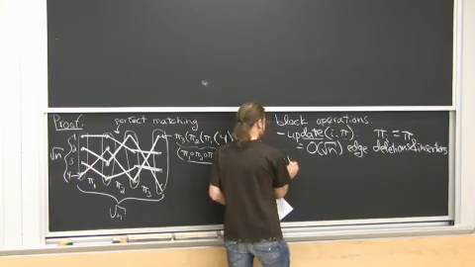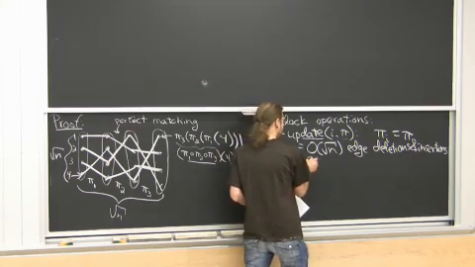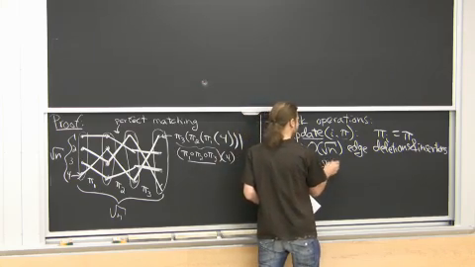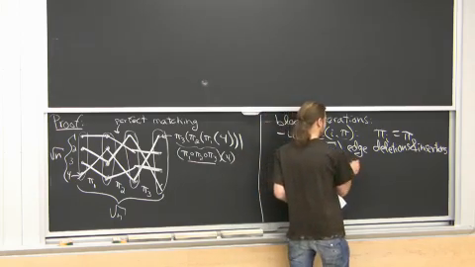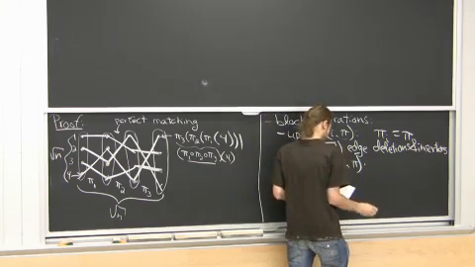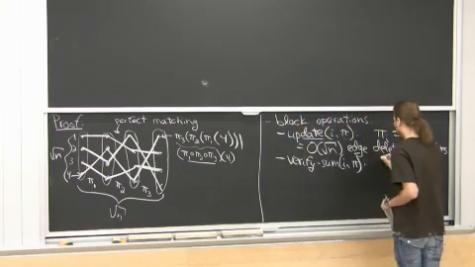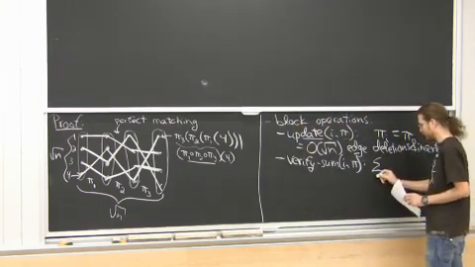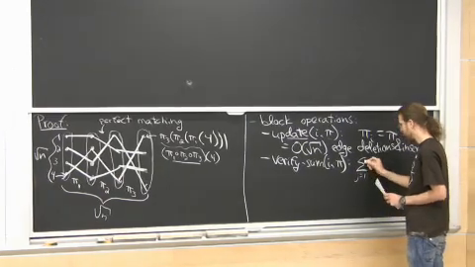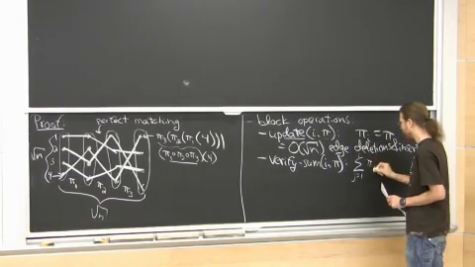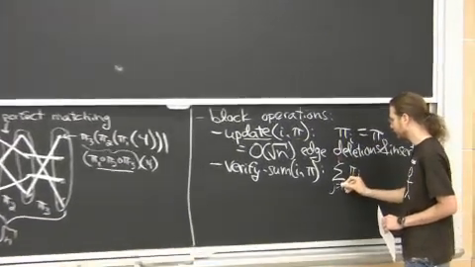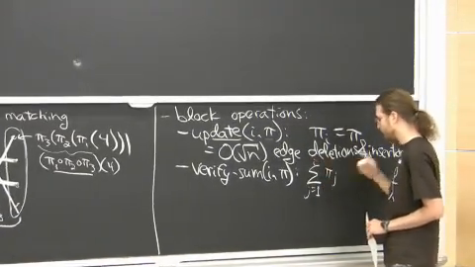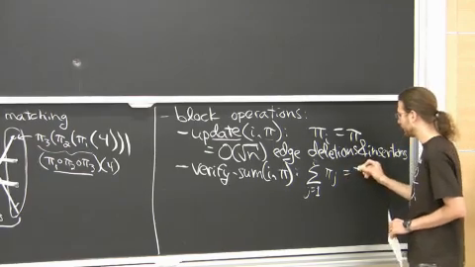And then we have a query. And the query is going to be a little bit weird. And it's also going to make the proof a little bit more awkward. But what it asks is, if I look at the composition of pi j from 1 up to I, is that composition equal to pi?